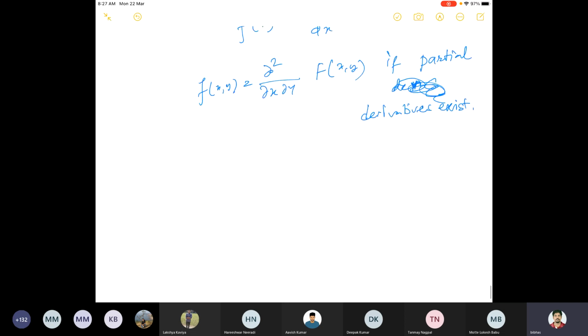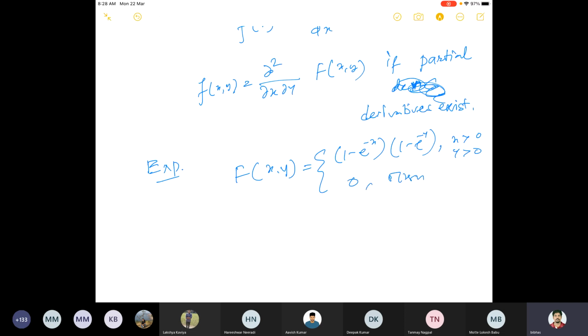Let us see an example. Suppose we are supplied with the cumulative distribution function as, let's say, 1 minus e to the power minus x, times 1 minus e to the power minus y, when x is greater than 0 and y is greater than 0, and 0 otherwise. Suppose this is given to me.